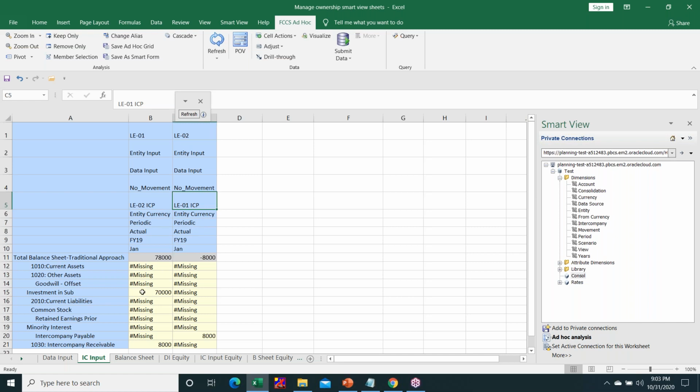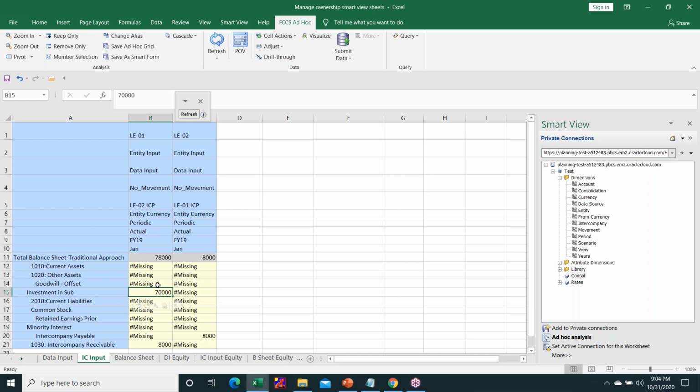So you can see that legal entity 01 has made the investment into legal entity 02 of 70,000. So I have told the system that I have invested this much amount against this ICP partner.